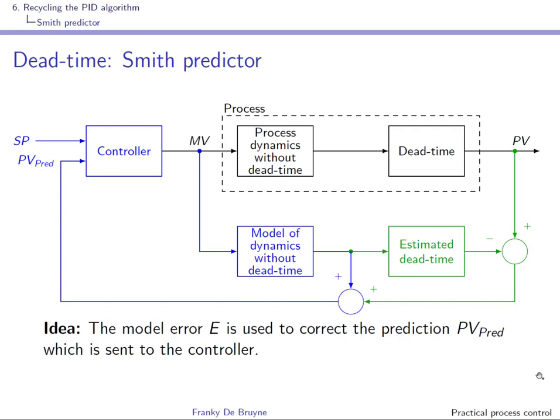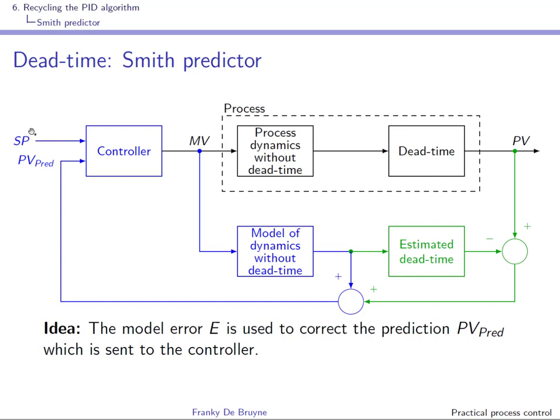Well, this is how the model error, which is the difference between what is measured on the actual system and what is obtained from the model, is integrated in the Smith predictor. This model error is simply added to correct the prediction that is sent to the controller. The idea is as follows. Assume that we have here a set point change.